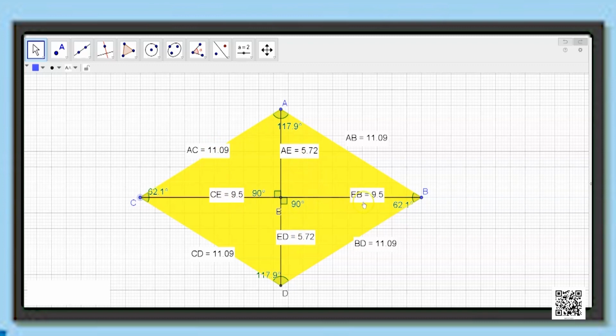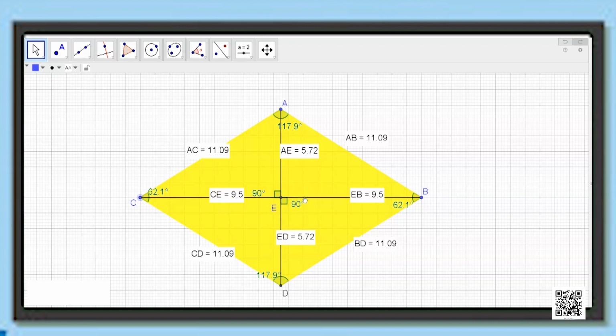You can see that the segments are CE 9.5 and EB 9.5. AE is 5.72 and ED is 5.72. This is your E. So the diagonals are bisecting each other just like in a parallelogram. But there is something else which is visible now. That is, the diagonals are perpendicular to each other, which is not true in the case of a parallelogram.